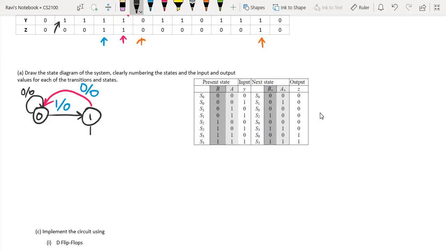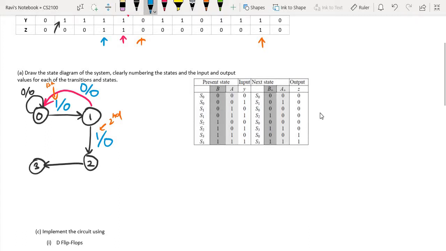If my input is a 1, I can transition to state 2. At this point my input is a 1, but my output is still 0. If you see down here, this is the first one, and this is the second one. Now I want to detect the third one. When the third one comes in, I can go to another state, state 3.